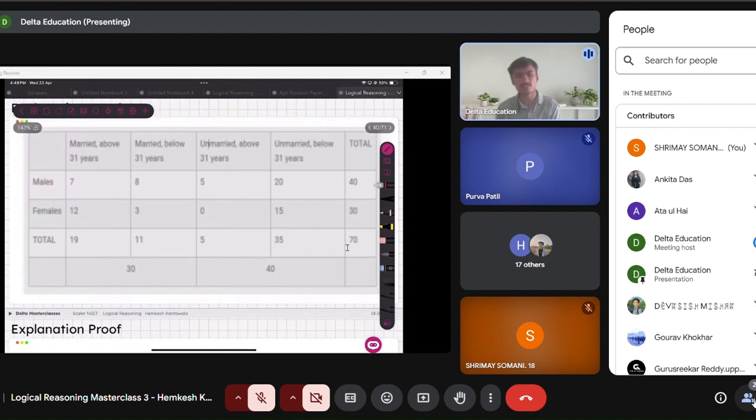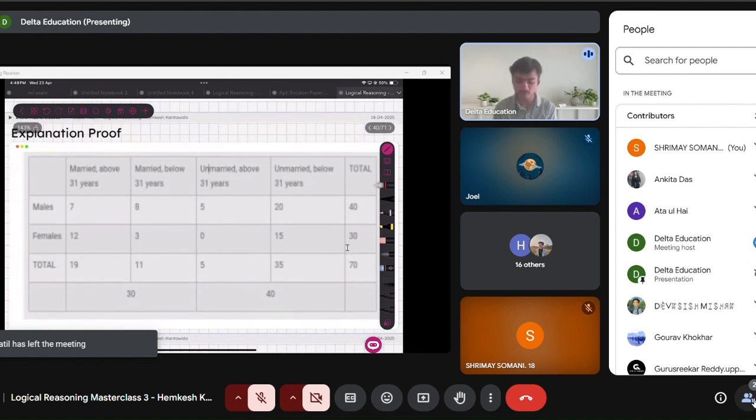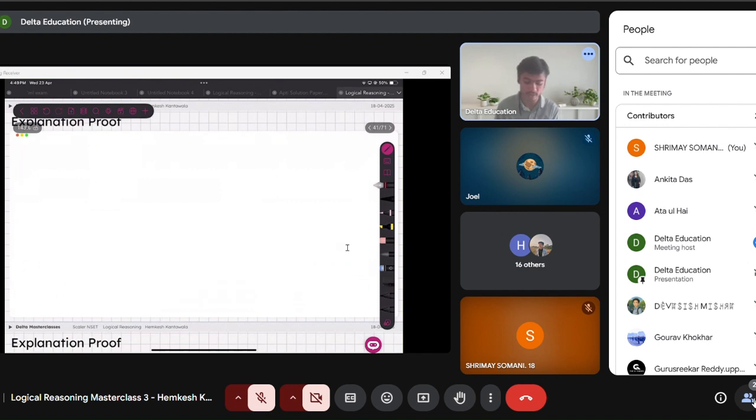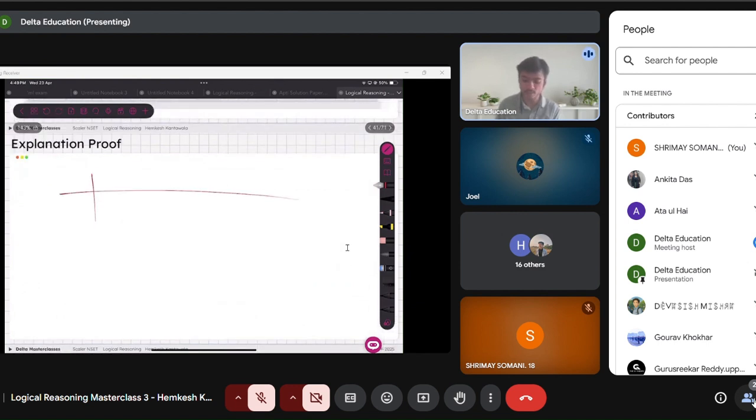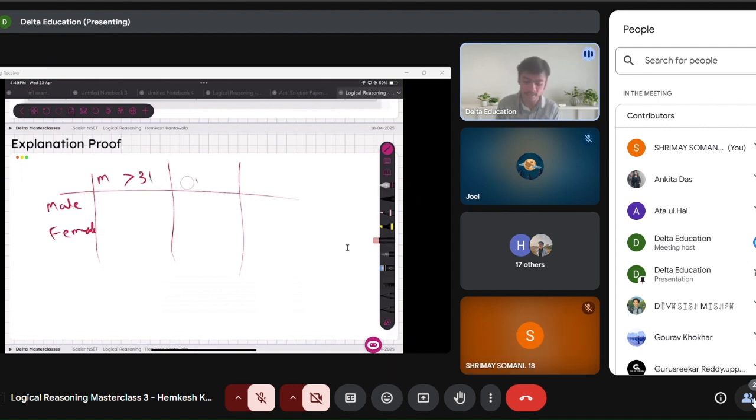There is not any correct method, you just need the correct answer. We could make this type of tables in this type of question. So if I draw the table: male, female, married greater than 31, unmarried, and married less than 31.